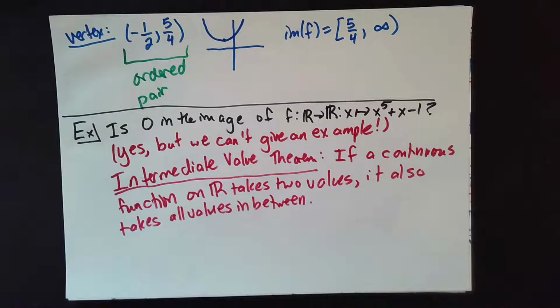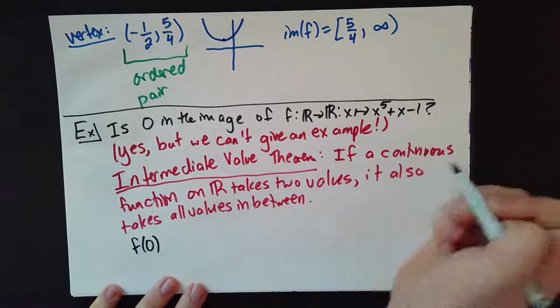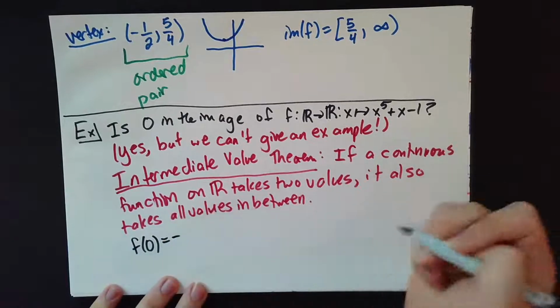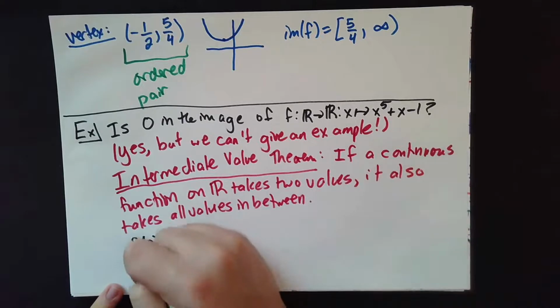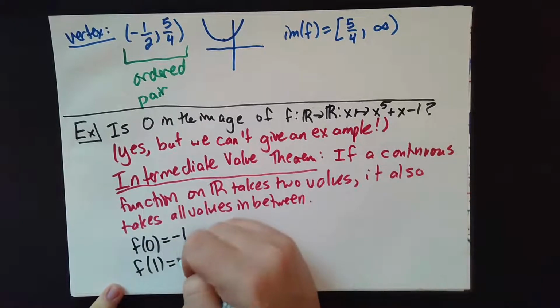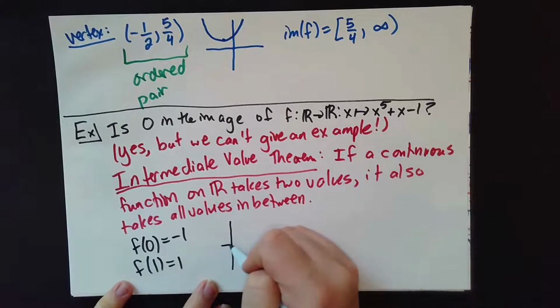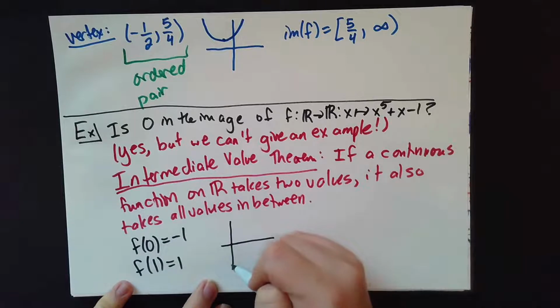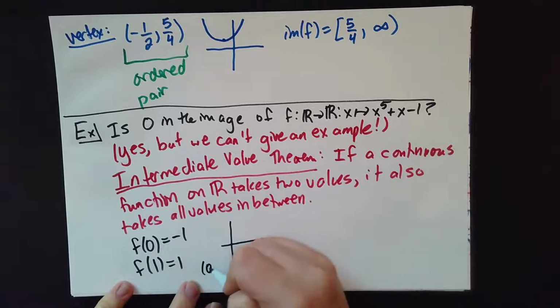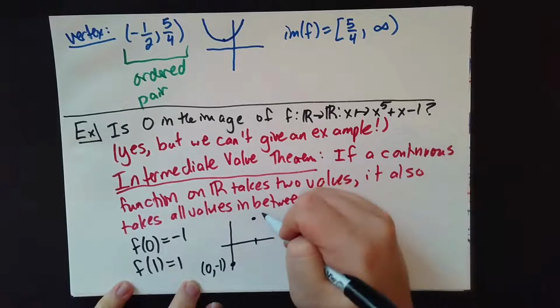And so here what I'm remarking is if I take f of 0, I get minus 1. If I take f of 1, then I get 1. And so if I think about what that looks like in terms of the graph, here at 0, it's down here at minus 1. And then here at 1, it's up here at 1.